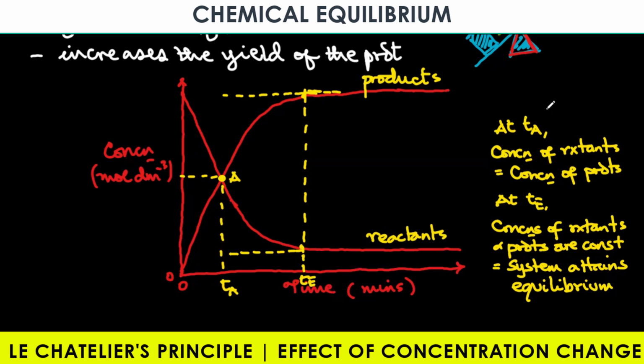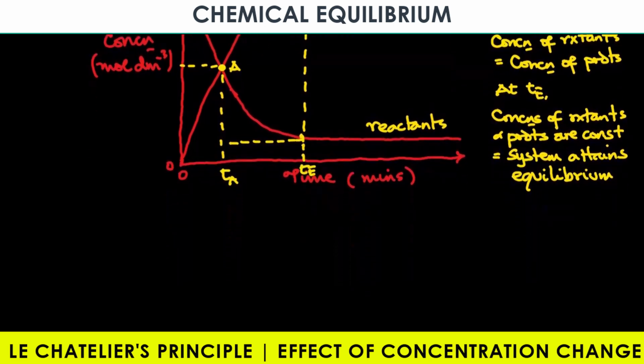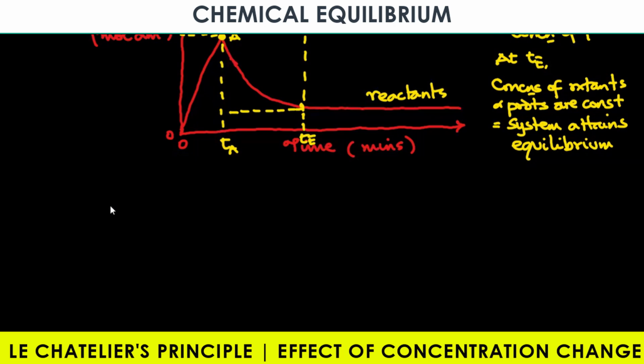So let's look at an example. Let's look at the contact process for industrial manufacture of H2SO4. The reaction between sulfur 4 oxide and oxygen gas to form sulfur 6 oxide in the presence of vanadium 5 oxide.